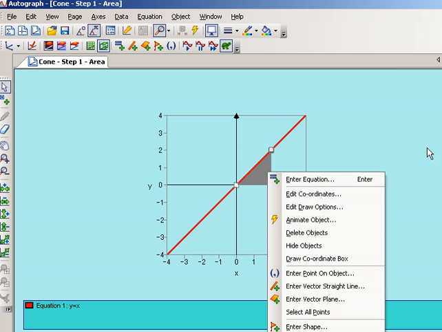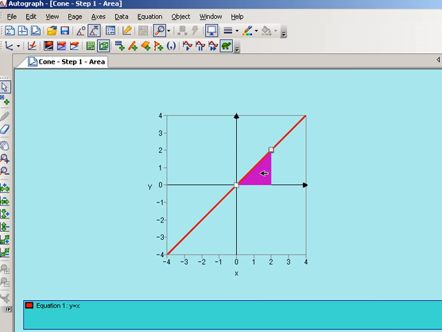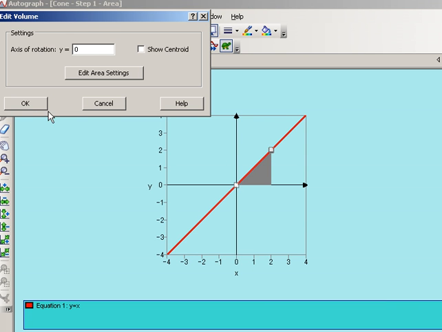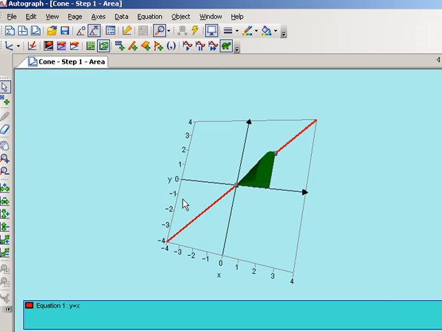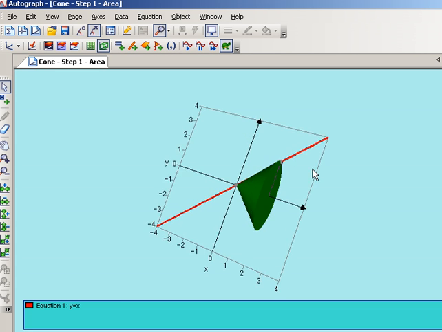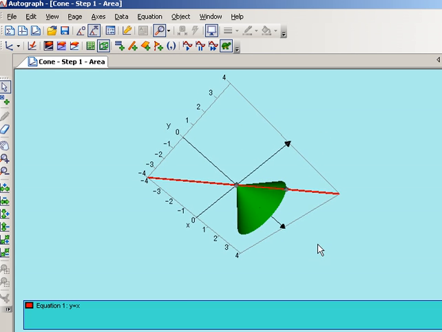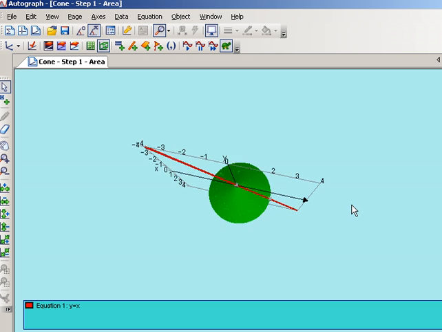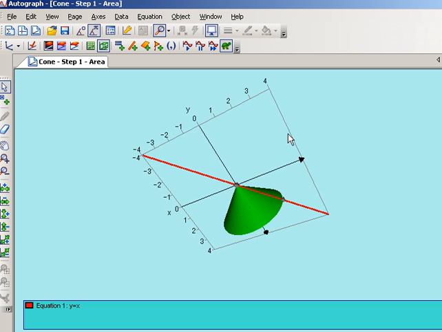So watch what happens here. Can you see this area being rotated is generating a 3D object, and it's complete. That's one complete turn around the x-axis, and just spinning this round you should be able to see a cone.